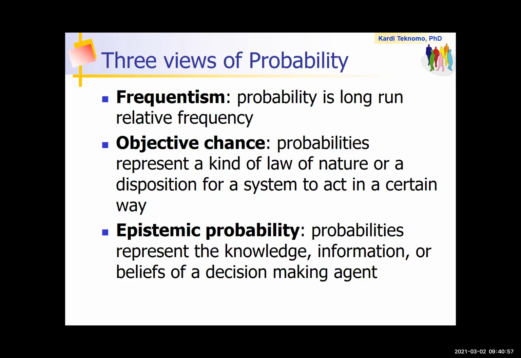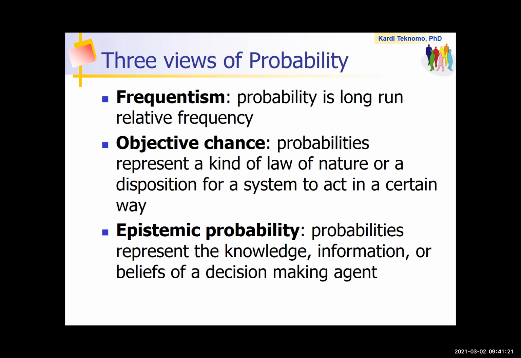Similarly, you can also think of probability based on certain theoretical distributions such as binomial, Poisson, and so on. Next, the third view of probability is epistemic probability. It means that probability actually represents knowledge, information, some belief of you as the decision agent.